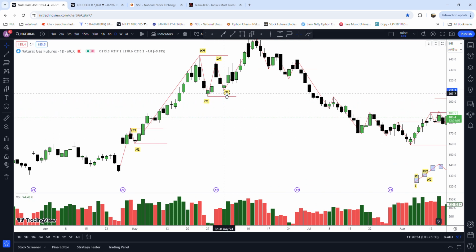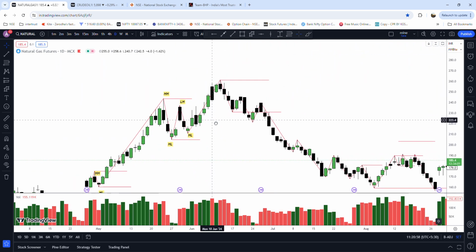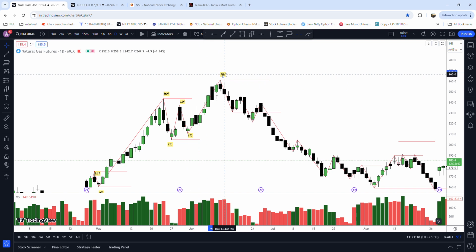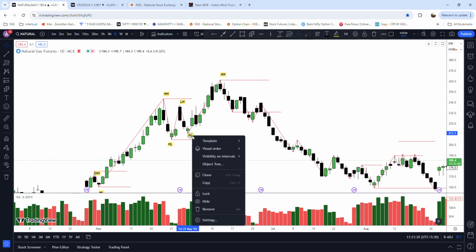It's not made a lower low, it's made a higher low and the market continued going up. Okay, if the market came till here and came down and broke this higher low and made a lower low, yes, then I would consider to short the market somewhere on this level. But since market didn't even come and touch this, it came till here and shot back up, making a higher high and a higher low.